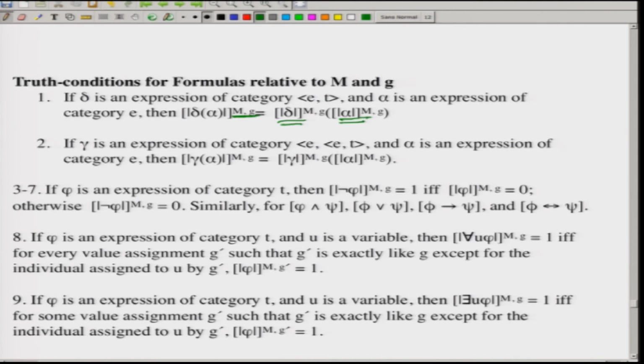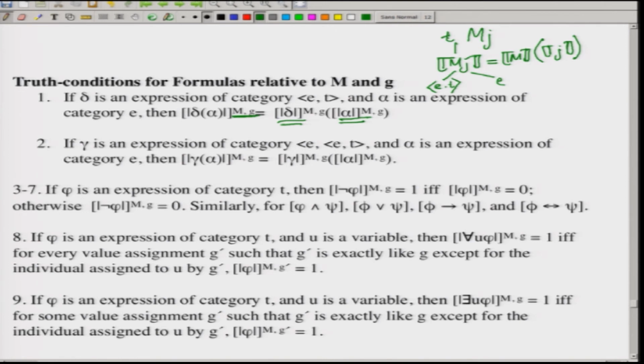This means that if you have a construction like Mj, the value of Mj will be the value of M taking the value of j. Here M belongs to e to t and j belongs to e, and Mj as a whole belongs to t.